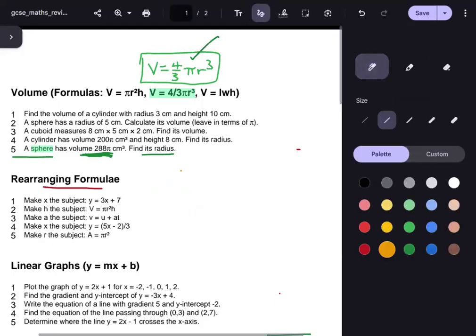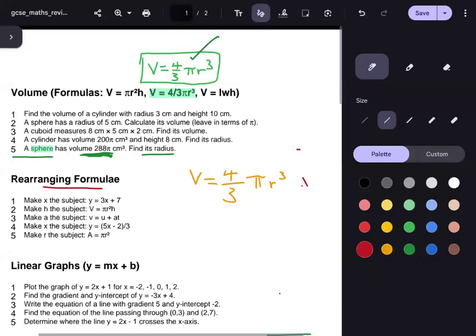It's V is equal to 4 over 3 pi r cubed. If you put on your calculator 4 over 3 times 3 over 4, you'll get the answer of 1.